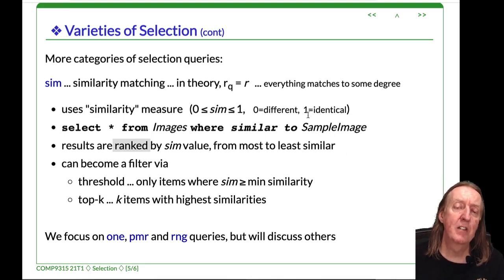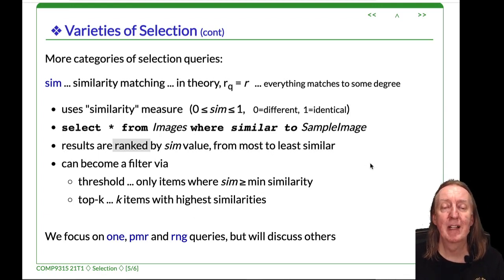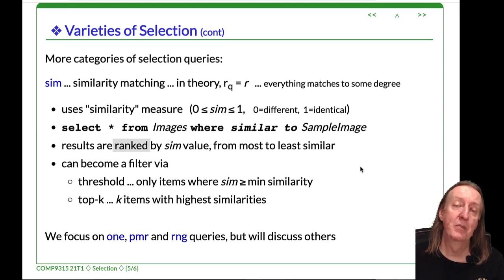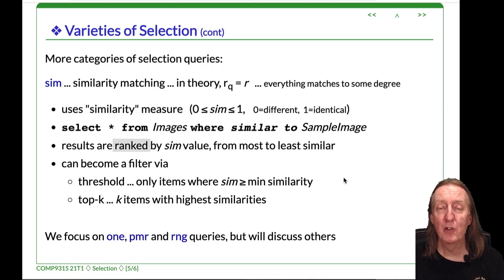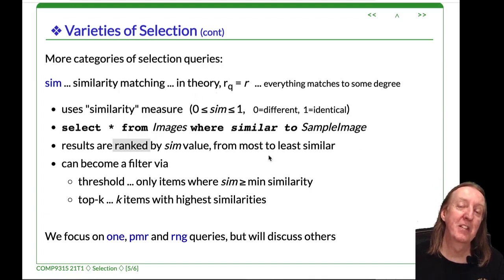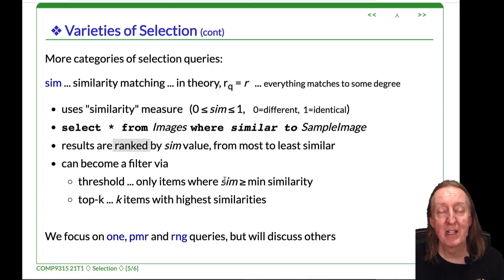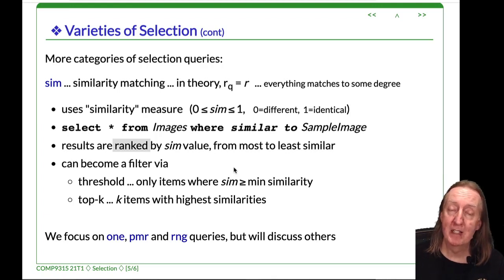Okay, so this kind of selection is quite different from the selections that we saw before. To some extent, this is like inexact matching, and the previous examples are all exact matches. So we evaluate a where clause.